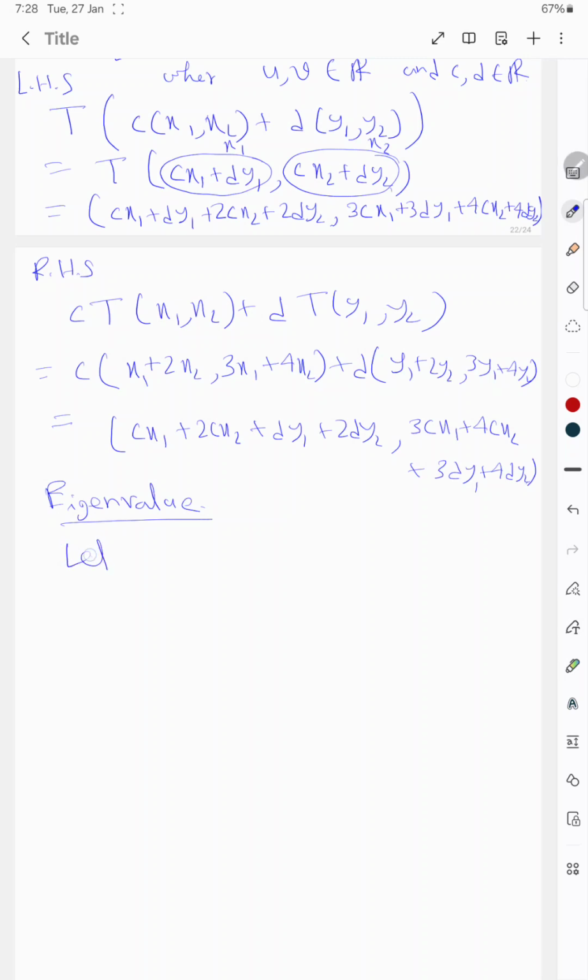Let A be an n cross n matrix. Actually, you can always find eigenvalues for a square matrix.